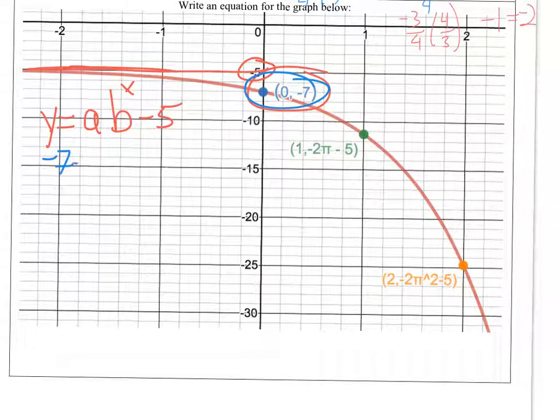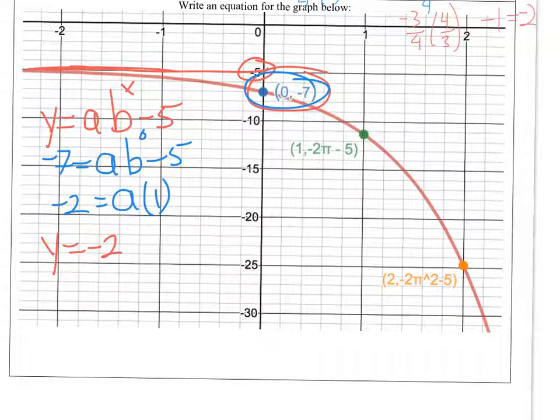Negative 7 equals ab to the 0 minus 5. I'm going to add 5 to both sides, so negative 2. ab to the 0 is just 1, so a equals negative 2. My equation is now y equals negative 2 b to the x minus 5.